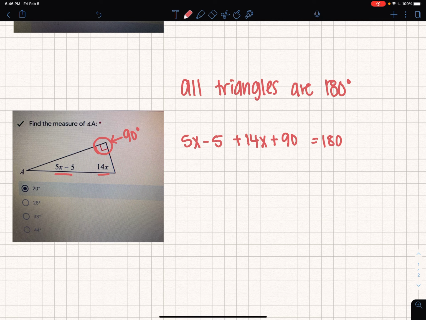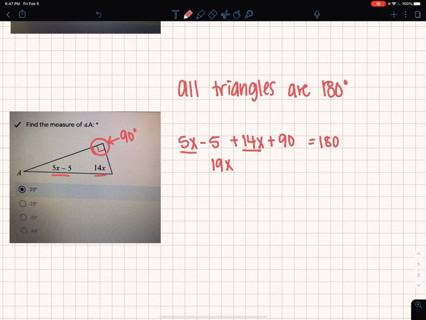All right, so now we're going to go ahead and simplify on the left side by combining like terms. So we have 5x and 14x added together. That's 19x. And then we have negative 5 and positive 90. That's positive 85 equals 180.